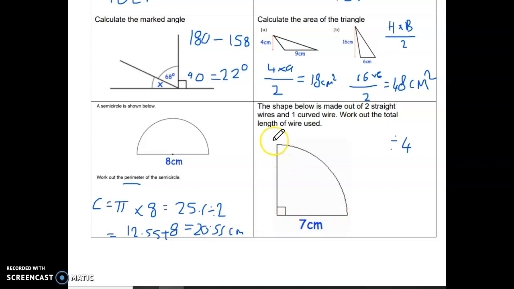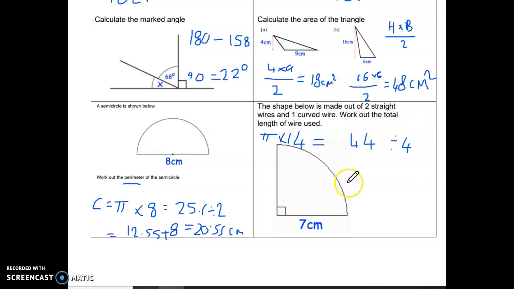So what I'd have to do is pi times 14, which gives us 43.98. Well, we'll round it, it actually becomes 44. So we'll call that 44.